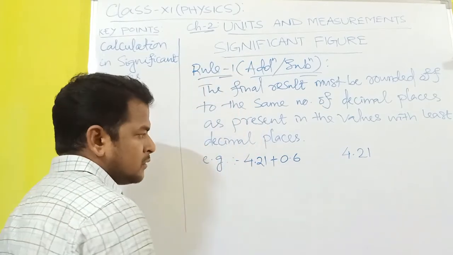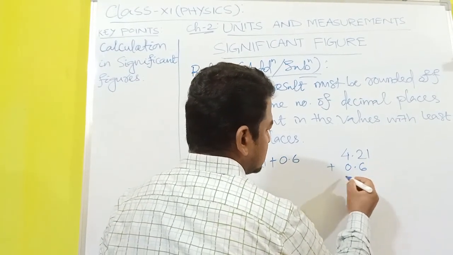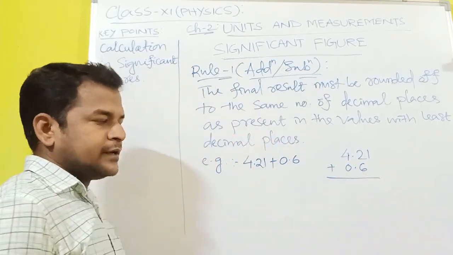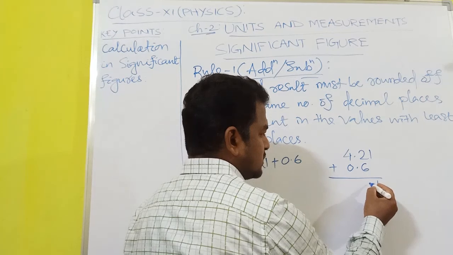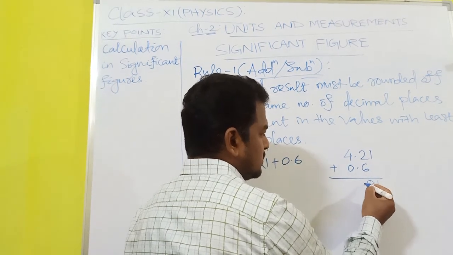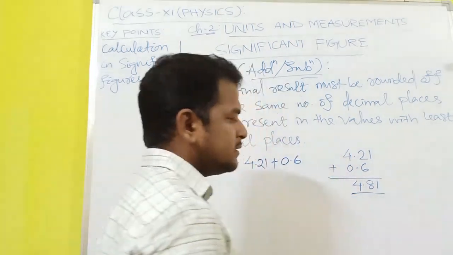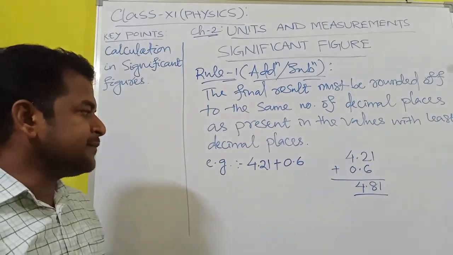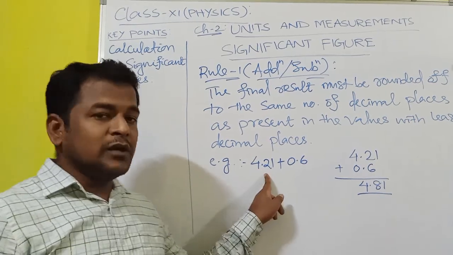Here 1, 6; 2 plus 0 is 2, 8; 4 plus 0 is 4. The answer is 4.81.